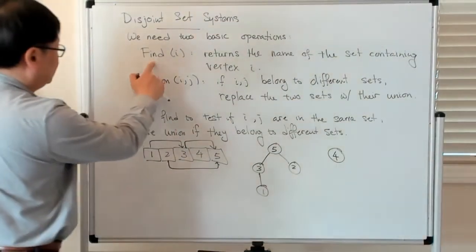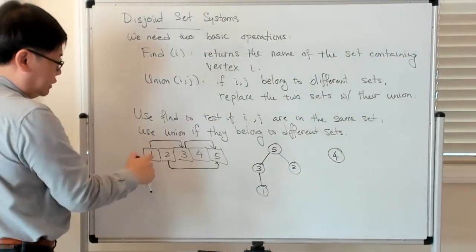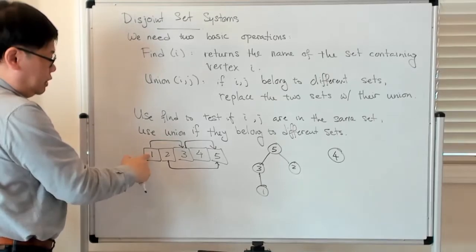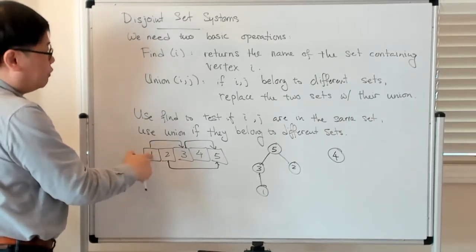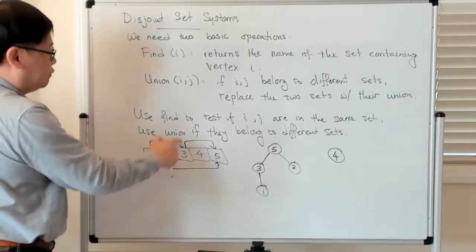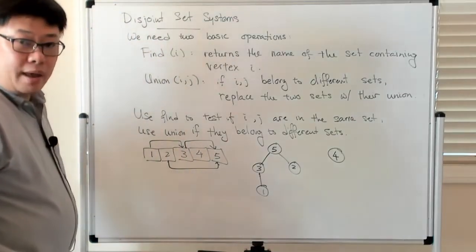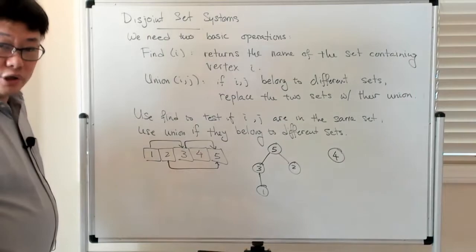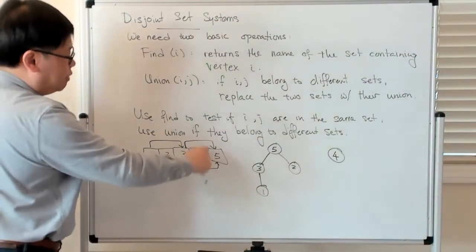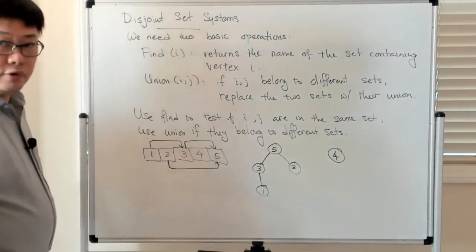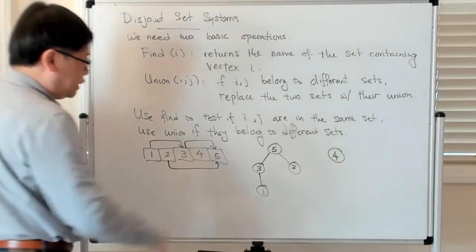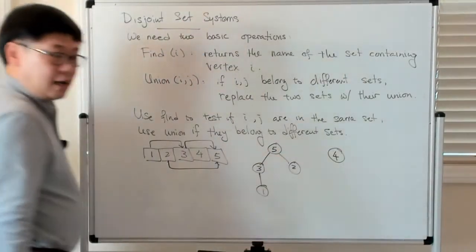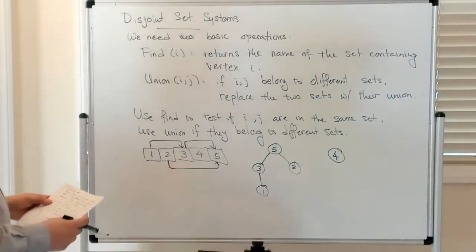So that's more or less what's going to happen with the find routine: it's going to look at the entry for i, and then follow the parent links backwards until you end up with an element which doesn't have a parent, and then it outputs that label for the vertex. Okay, so again, the roots are going to be how you label the different sets.